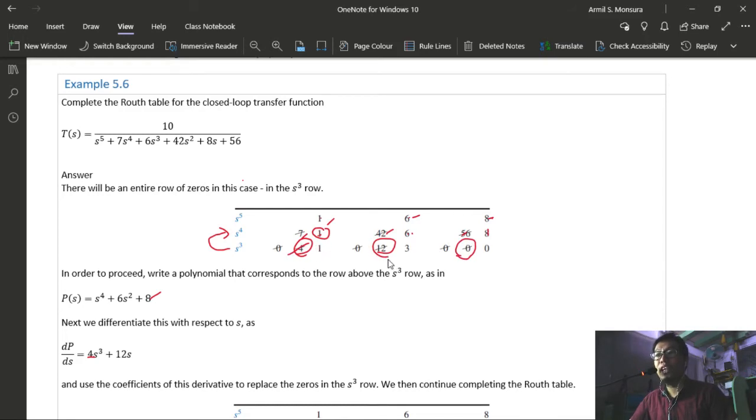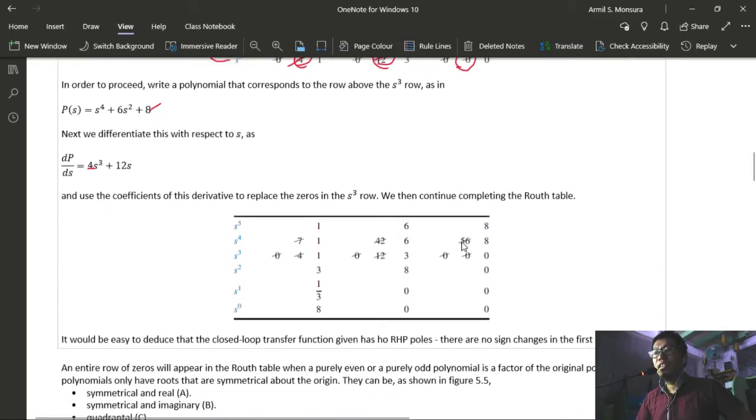So the 4 becomes 1, and the 12 becomes 3. So the row now is 1, 3, and 0. Okay? And then you can proceed again. You continue by completing the route table. So this will be your completed route table. Please verify. Okay?